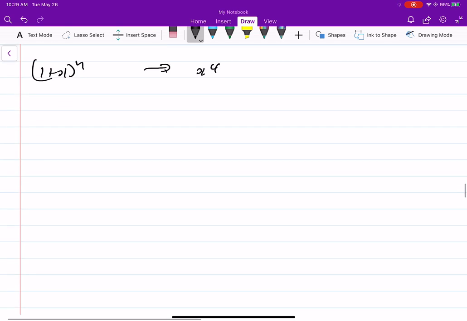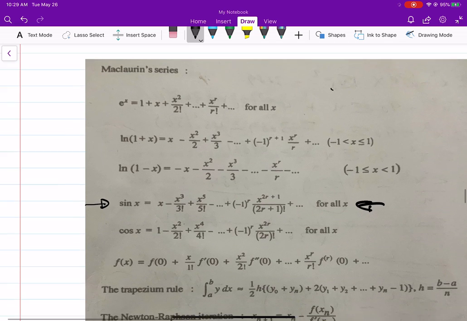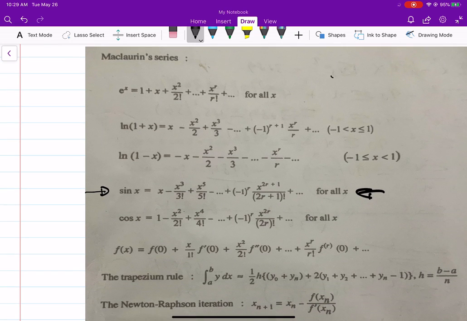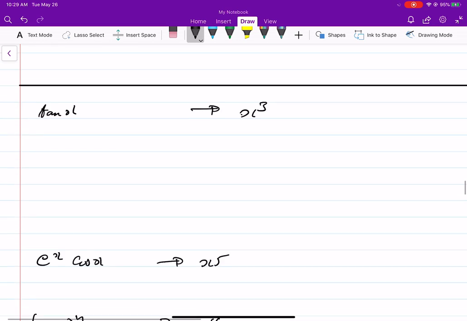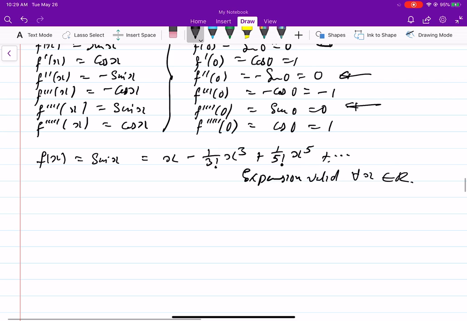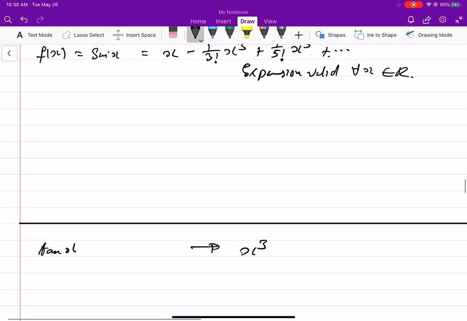And if you look at the standard one, hopefully I did get the same thing. Sin x, yes: x minus x cubed upon 3 factorial plus x to the 5th upon 5 factorial, and so on. Okay, let's try the next one.